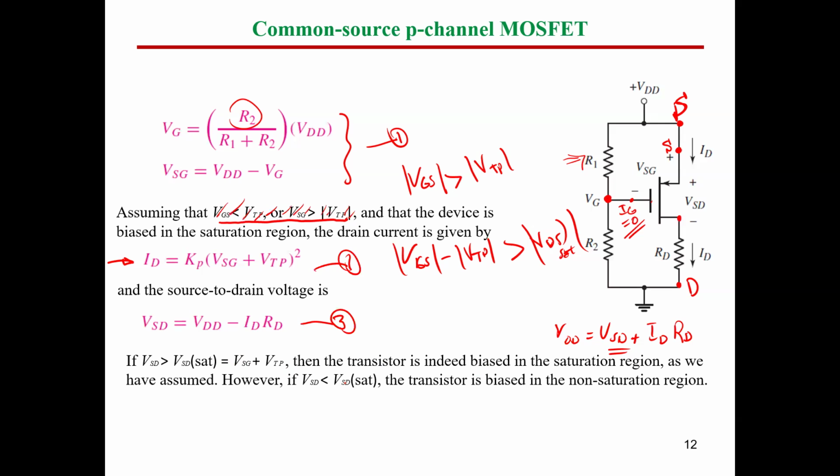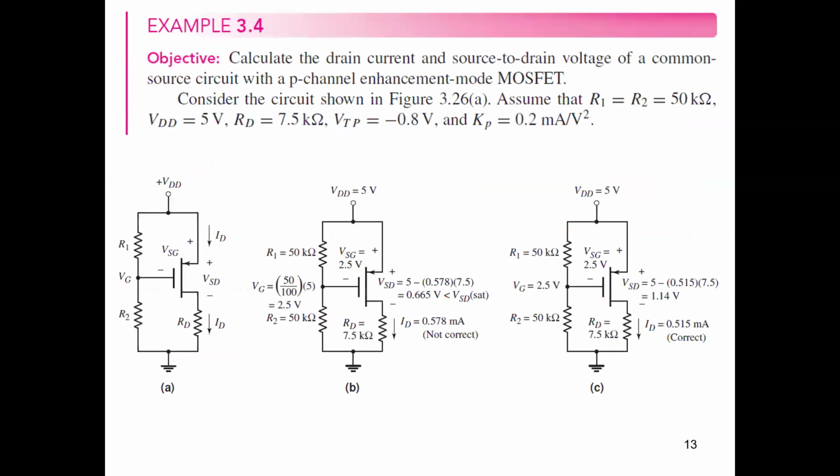However, if VSD is less than VSD saturation, then the transistor is in non-saturation, or linear region, and we have to repeat the calculation using the relation of ID in the linear mode. So the same concept, just changing the signs and the equations according to the p-channel MOSFET.